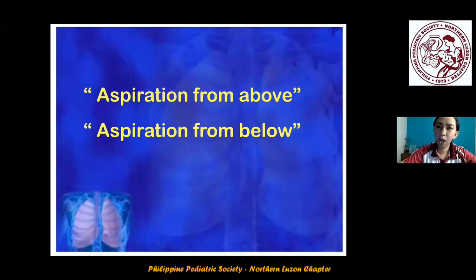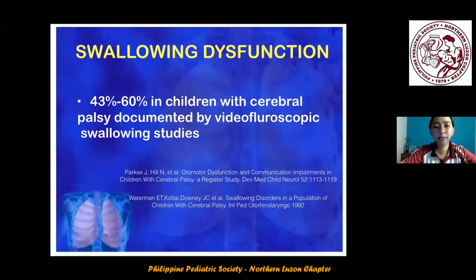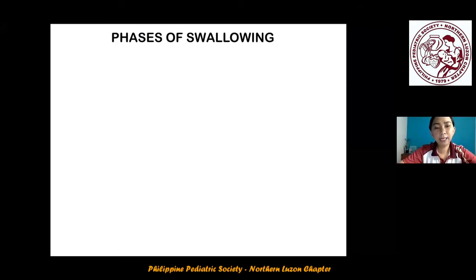Swallowing dysfunction in cerebral palsy comprises a significant portion causing aspiration. In a study of almost 1,000 children recorded in the Ireland registry, there was a prevalence of 43% in children with CP of any degree. To date, there are no local studies which have documented prevalence using swallowing studies. First, let us discuss aspiration from swallowing dysfunction.